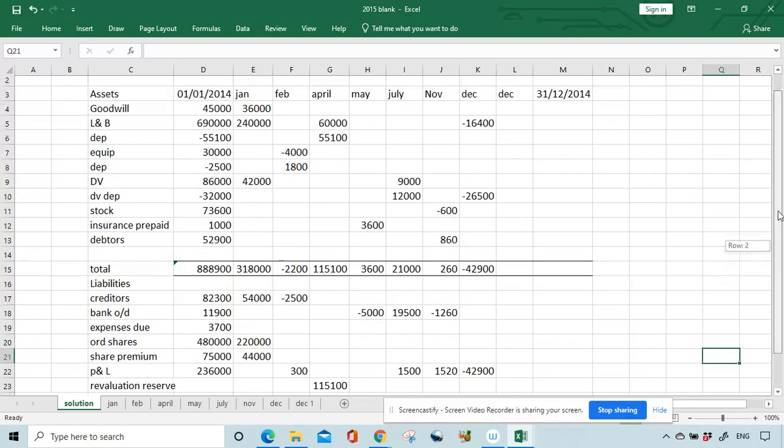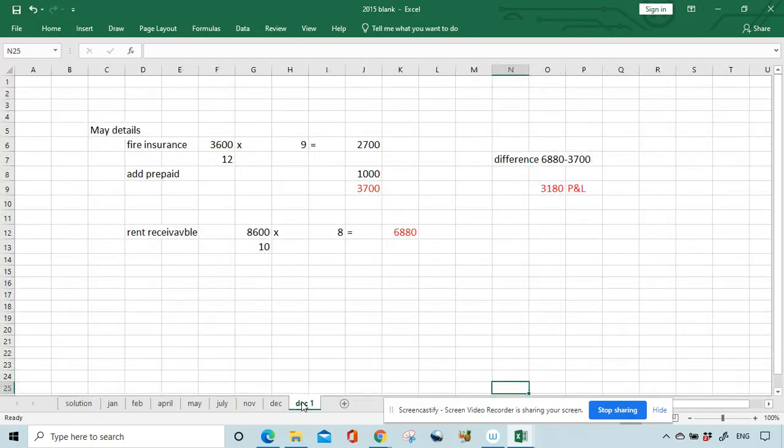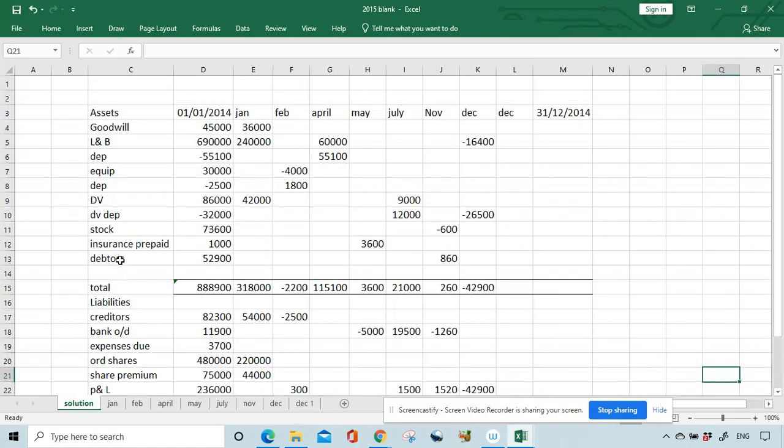Okay, the second part of December goes back to our May note to do with the fire insurance and the rent receivable. So first of all, the fire insurance. The 3,600 that we received was to cover fire insurance for a year from the 31st of the 3rd. So what that means is, if I look back at the solution, we have insurance prepaid of 1,000.